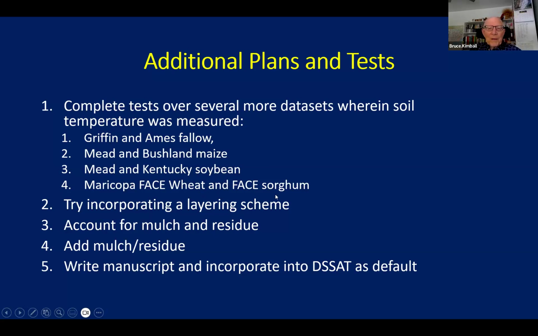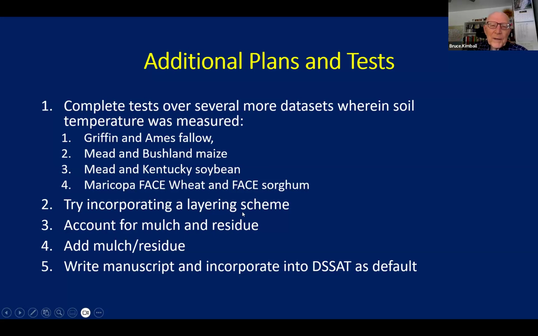And then way back when, I did FACE experiments on wheat and sorghum, and I made soil temperature measurements myself. And I thought, good grief, I ought to compare them against my own measurements. So I'm going to be doing that too. And so, lots more running of different data sets.